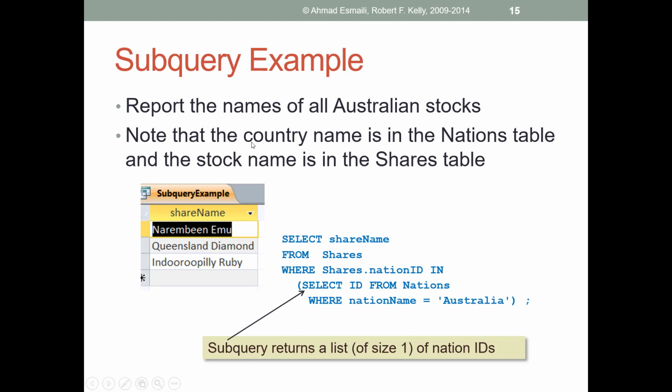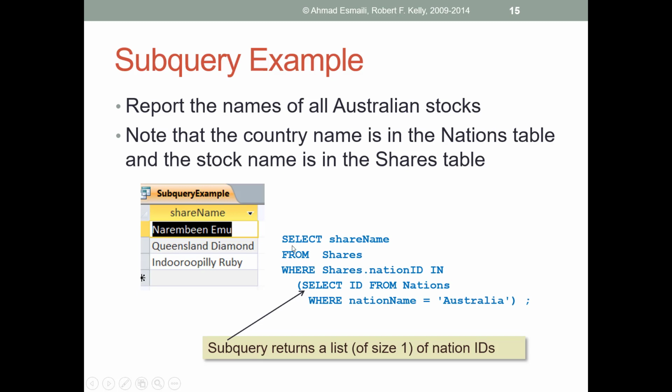So the country name, which is Australia, is something given to us. We only need the stocks which are listed in Australia. Now this national information is only available in the nations table. In shares we did not keep the country's name. So we are forced to have a join operation between the shares table as well as the nations table.